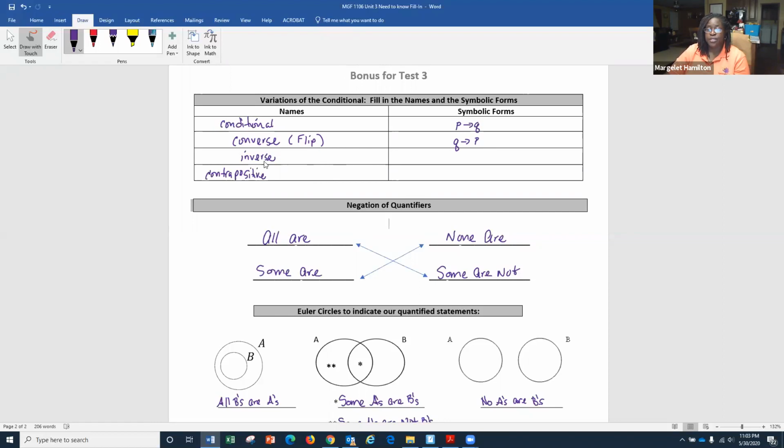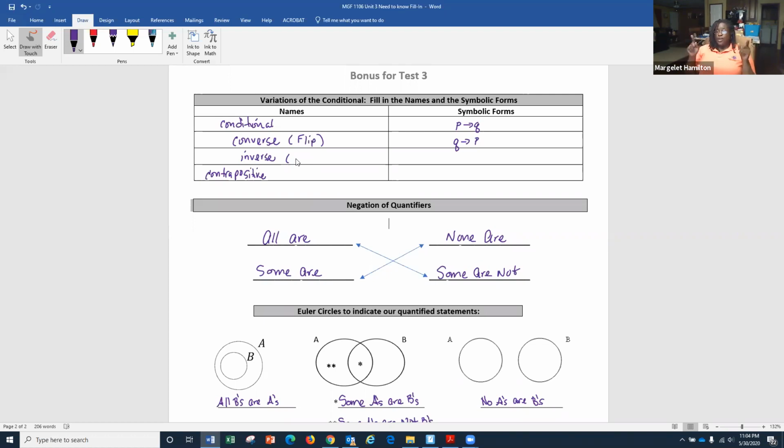The inverse means we're going to take the inverse of it. What does that mean? Well, some people will say that you change it, or you can negate it. Whatever makes you understand what's going to happen, we're simply going to keep the same structure. Your P is going to stay in the same place, the Q is going to stay in the same place.